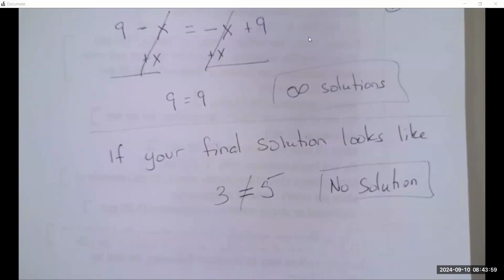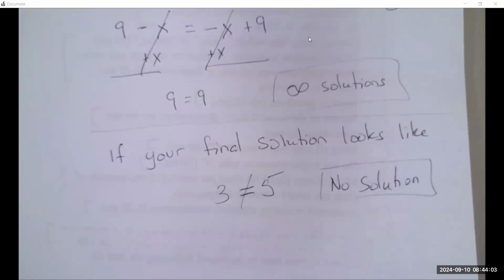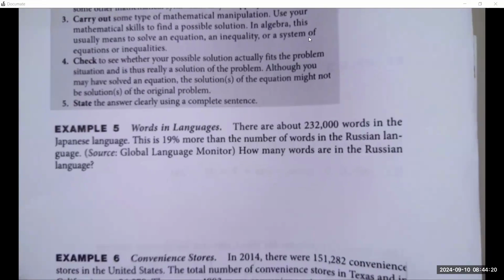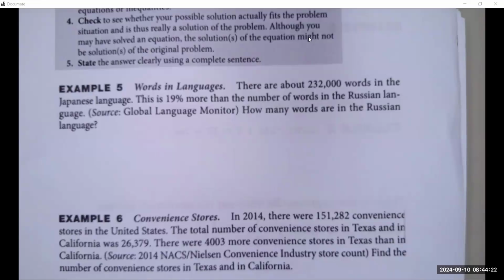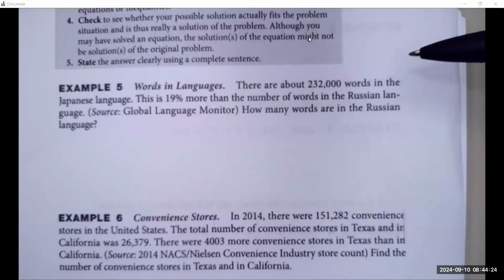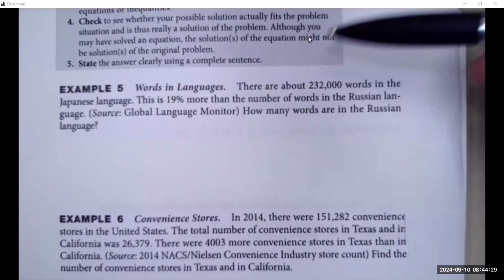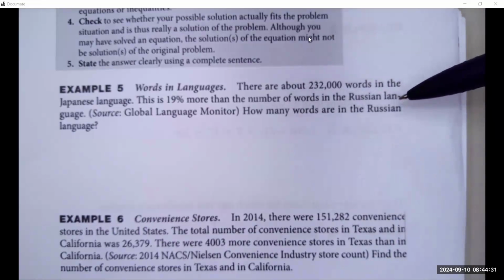Any questions so far? Now let's look at word problems. Oral languages. There are about 232,000 words in the Japanese language. That is 19% more than the number of words in the Russian language.